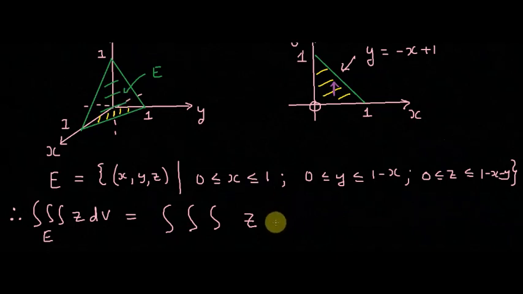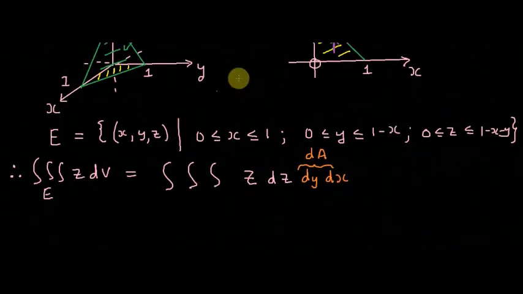So we know we're going to write dz first. Then over here, we need to insert dA, in other words, the region in the xy plane, and we said that x is bound by numbers and y is bound by functions. So we're going to write dy on the inside and then dx.